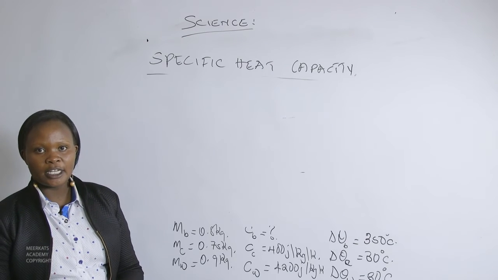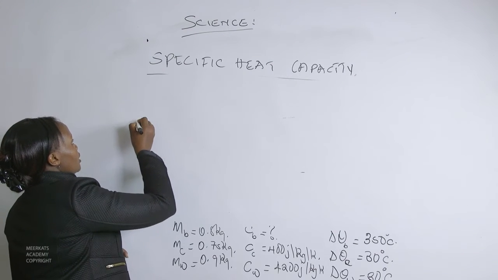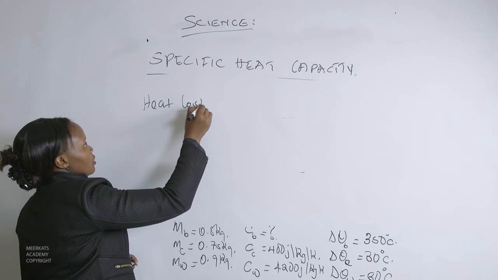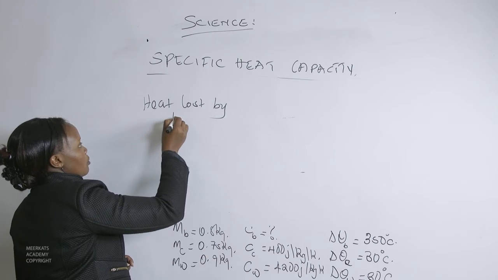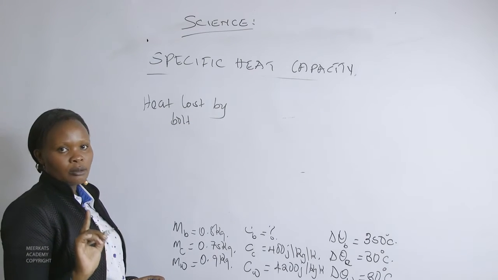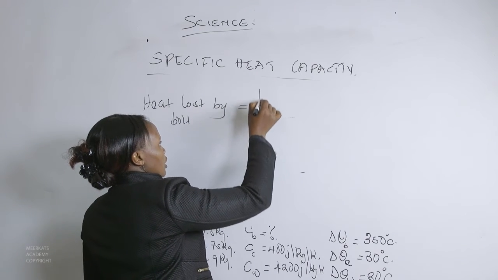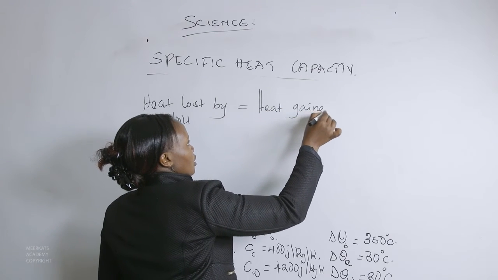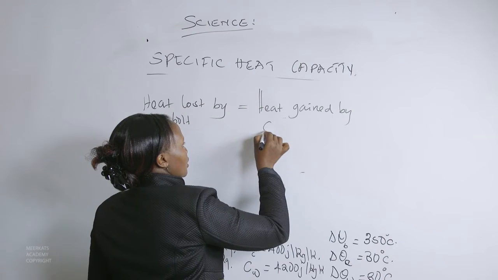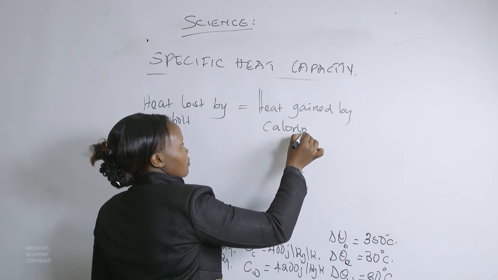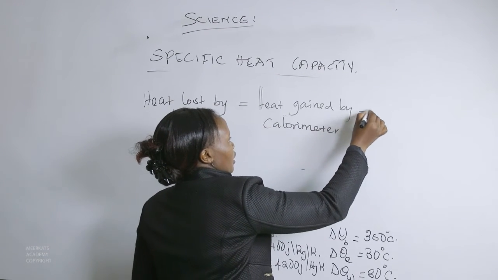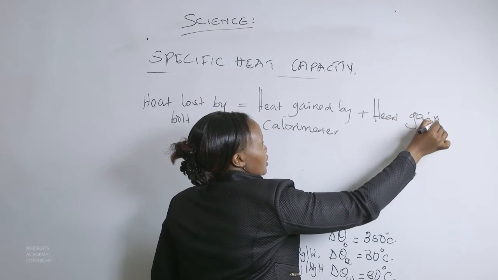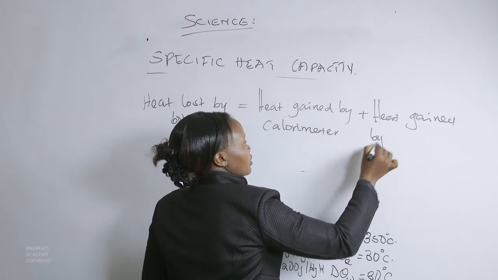Now let us go through the working again, and we remember that heat lost, in this case by our bolt, is supposed to be equivalent to heat gained by calorimeter plus heat gained by water.